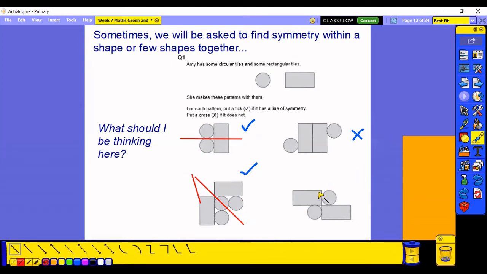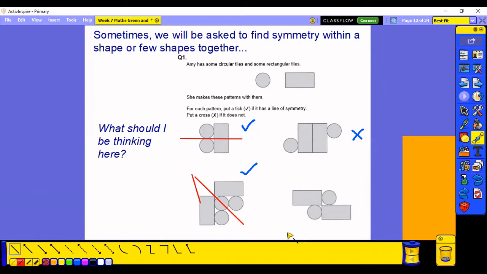This one, however, is going to be another problemsome one. If I try and go down vertically, it's not going to be the same on both sides, and hopefully you can see that. And horizontally, similarly, I would have to have that circle here and that square over there. Sorry, that rectangle over there. So that's not going to work either.